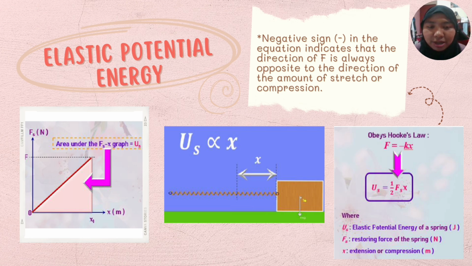It obeys Hooke's law, F equals negative kx, which also means Us equals 1 over 2 Fs x, where Us is the elastic potential energy of a spring in joule, Fs is the restoring force of the spring, and x is the extension or compression in m. The negative sign in the equation indicates that the direction of F is always opposite to the direction of the stretch or compression.